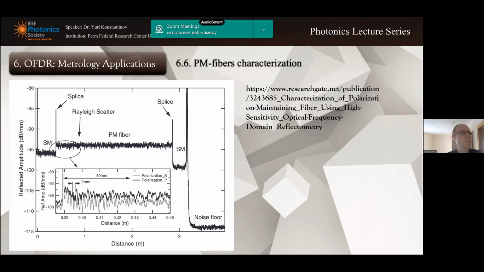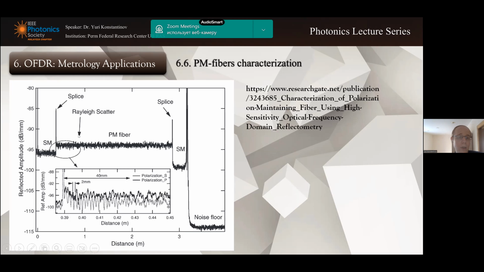If we have a fiber like Panda, for example, its polarization beating is about a couple of millimeters. So we cannot use the OTDR technique to see these beatings. If we have fibers used for conventional telecommunication lines, we could use OTDR to measure birefringence and dispersion in these fibers. But here we have only 2 millimeter beating. So we need to do the zero crossing for this signal.